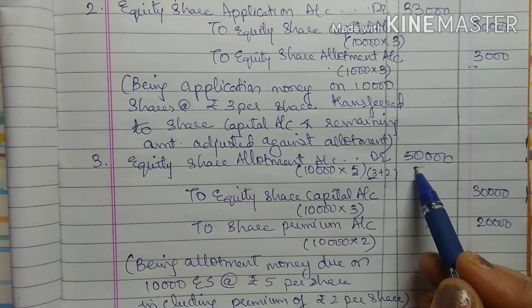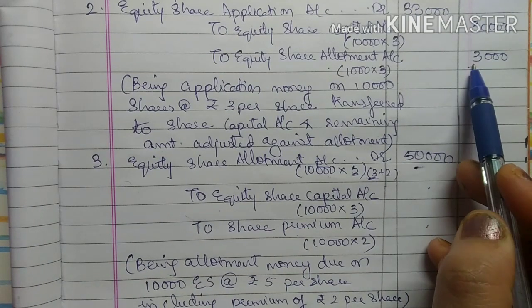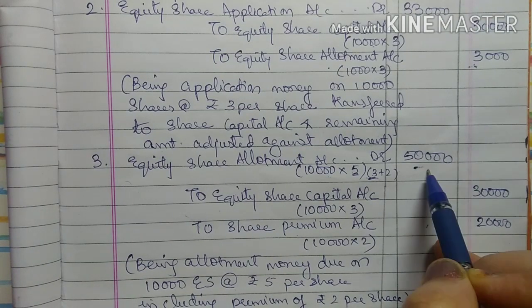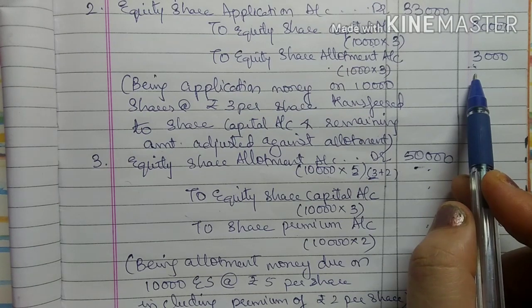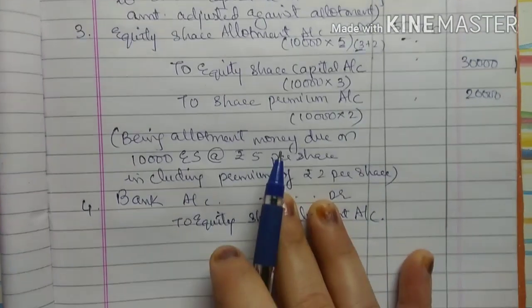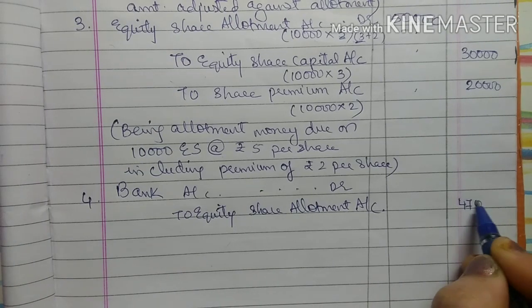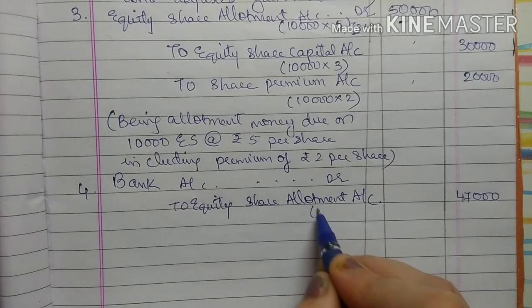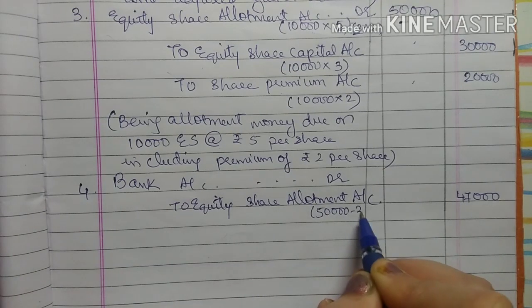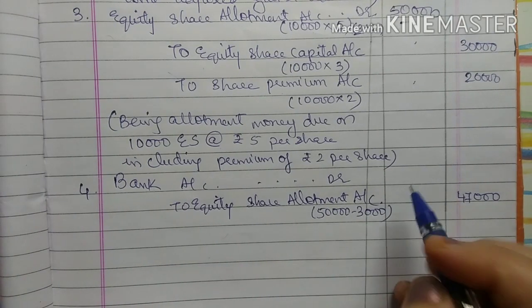Means from this 50,000 we have transferred this there, right? It is in the debit side, it is in the credit side, so it will be deducted. So now what is the amount for this remaining? 47,000. How we got 50,000 minus 3,000, right?